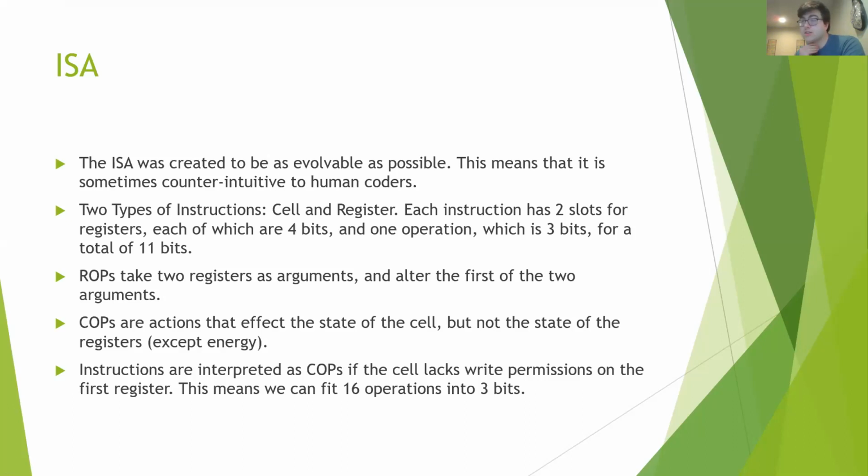Operations are interpreted as cell operations if and only if they attempt to modify a cell that it doesn't have write permissions for. Those include its own energy, which obviously would be kind of a bust if you could alter your own energy. That would remove all evolutionary pressure. And also cells in IPLOC, which are owned by someone else.